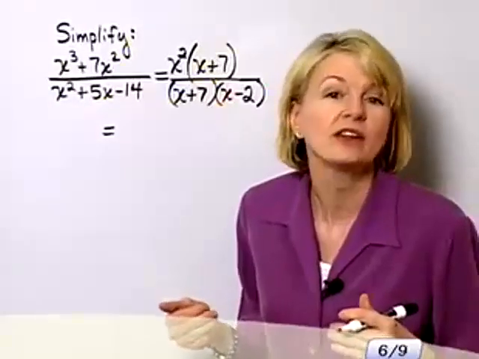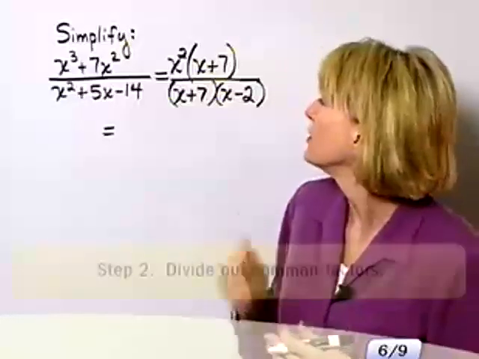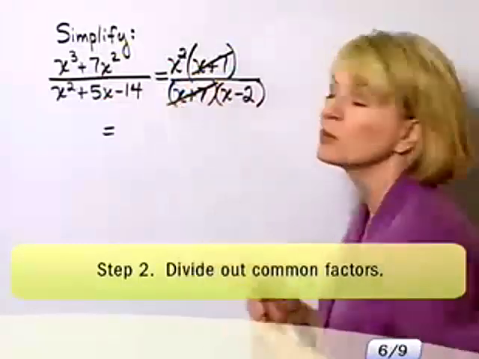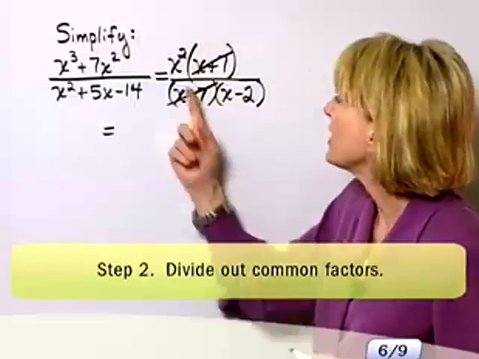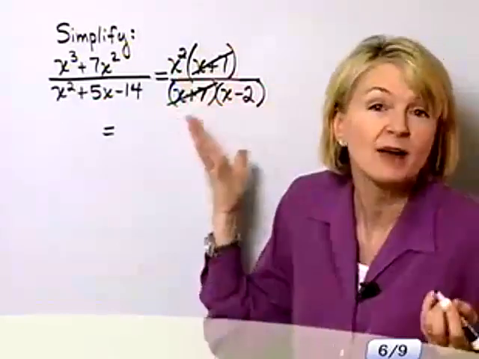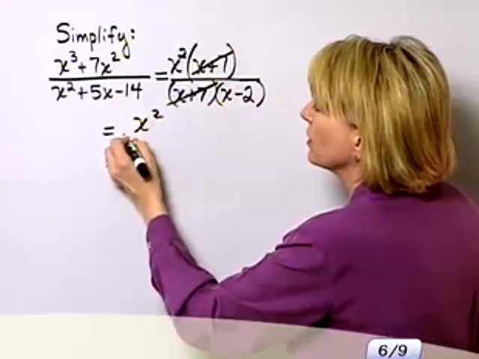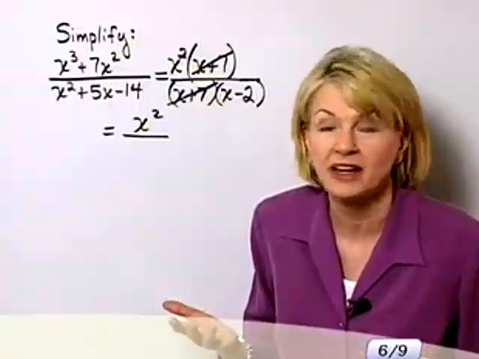And now we look for any common factors in the numerator and denominator. Notice we have a common factor of x plus 7 with a common factor of x plus 7. So we have left x squared times 1, which is x squared, over 1 times x minus 2, which is just x minus 2.